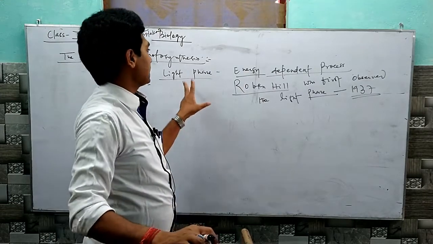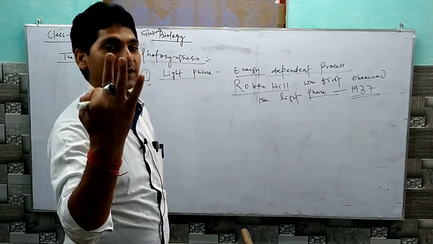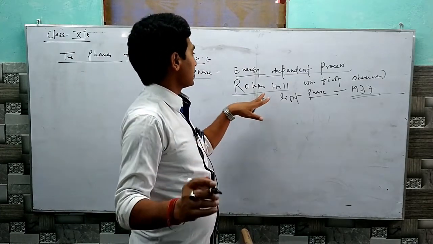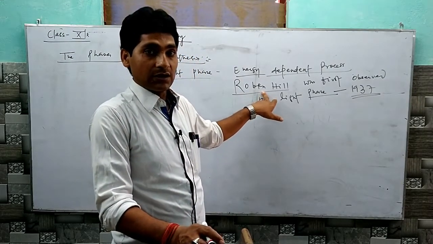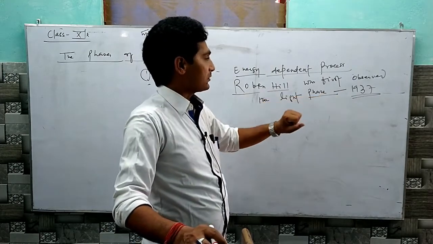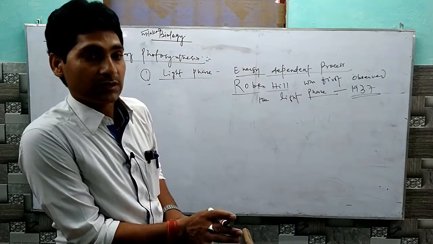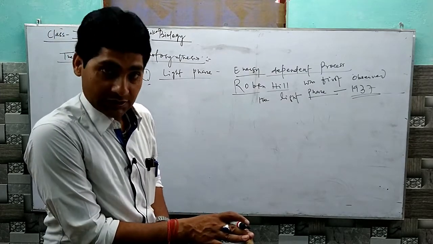Also, we can say that light phase has three different names. That is Hill reaction, because it was observed by Robin Hill in 1937. It is also called photochemical reaction and light reaction.